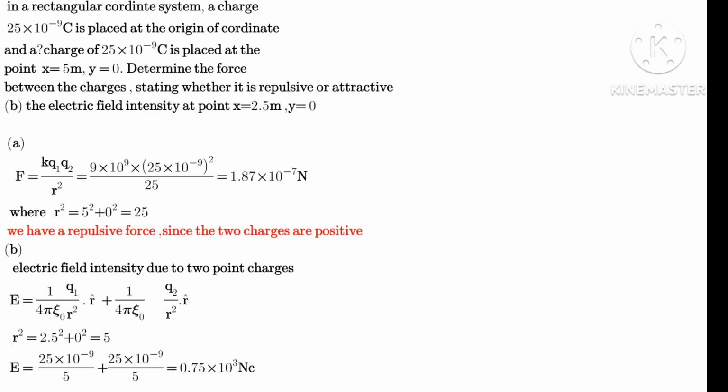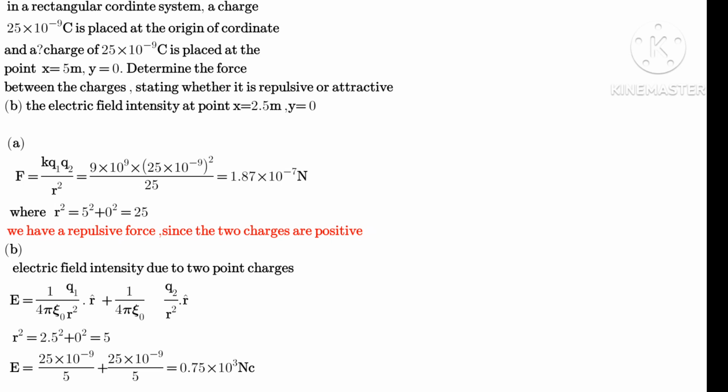Now part B says that we should find the electric field intensity at point 2.5, and since it is two different charges, we have the electric field intensity for the first one and for the second one. Our distance, just like what we did in the first part, we look for the resultant of the distance, which is r equals 2.5 squared plus 0 squared, which equals 5.